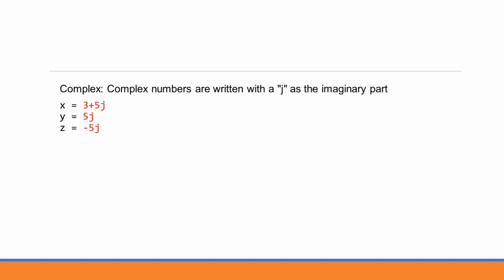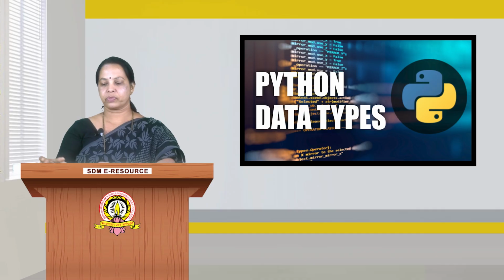The third type under numeric is complex, which can also be assigned directly to a variable, like x is equal to 3 plus 5j, or sometimes only the imaginary part may be there, where we can store only the imaginary part as y is equal to 5j, and so on.